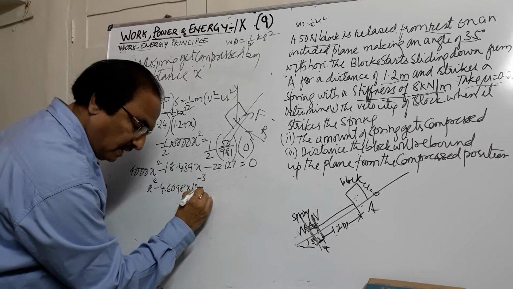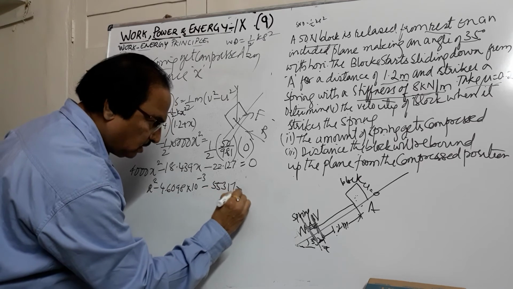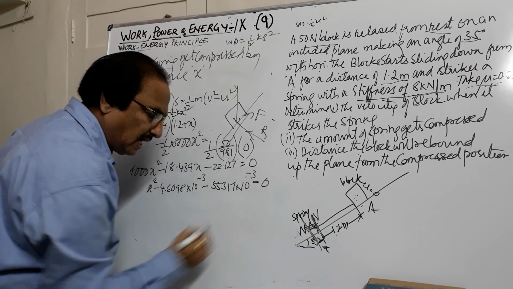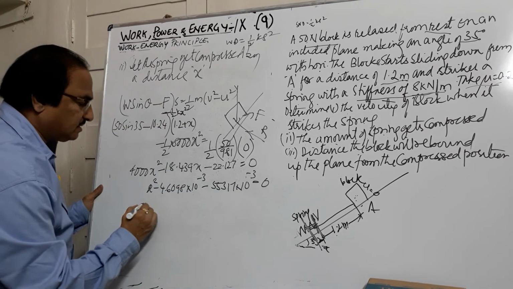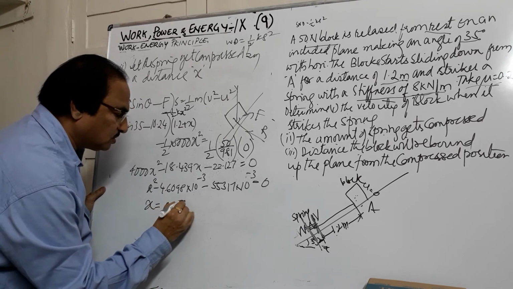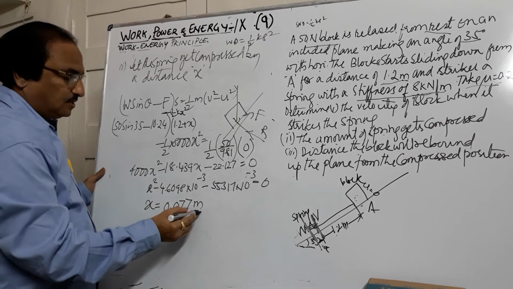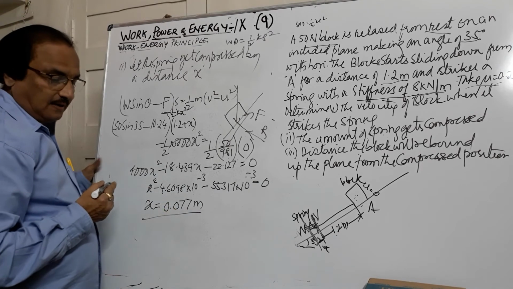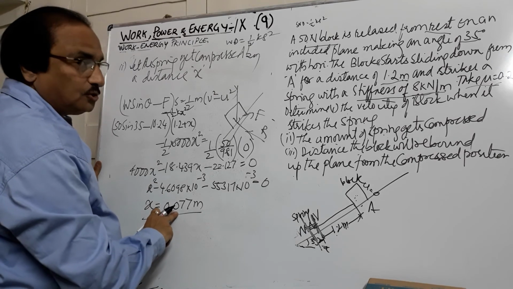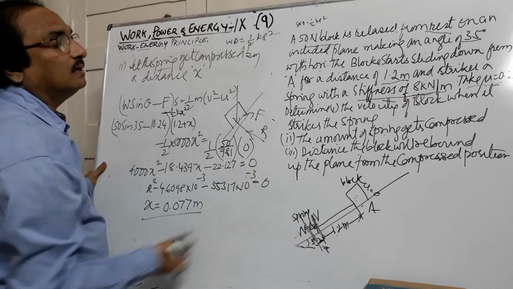So I am dividing it by 4000, or you can directly use this value to substitute in the quadratic equation, and if you simplify this, the x value of the quadratic equation is 0.077 meter. That is, the spring will get compressed by a distance of 0.077 meter. We will go for the third part.